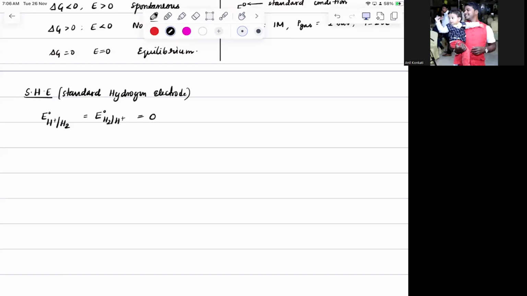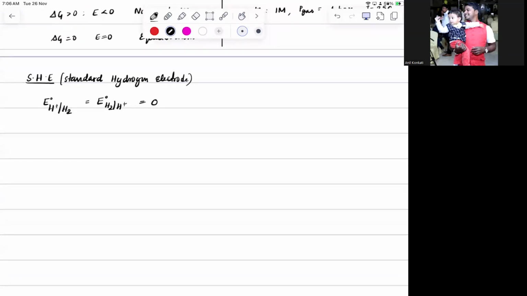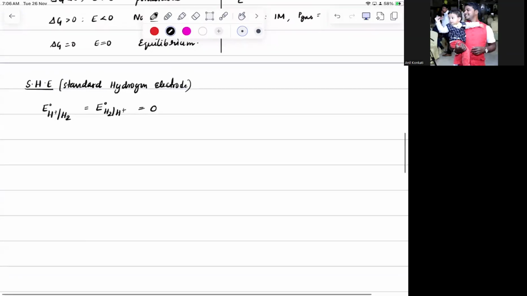That is the standard which we have maintained. Using this E naught value, we will be able to figure out the value for others.